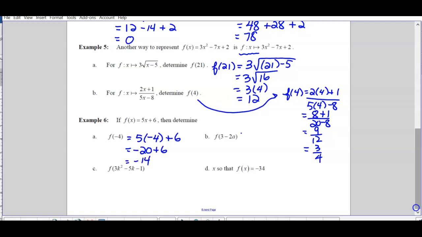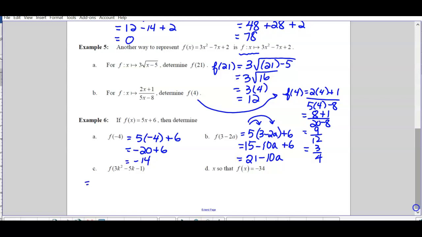Now this is variables, right? It's an expression, it's not a number. So it's going to be 5 bracket 3 minus 2a plus 6. Order of operations, you need to distribute. Right, so that's going to be 15 minus 10a plus 6, and collect like terms, 21 minus 10a. Goes back from Math 9, really.